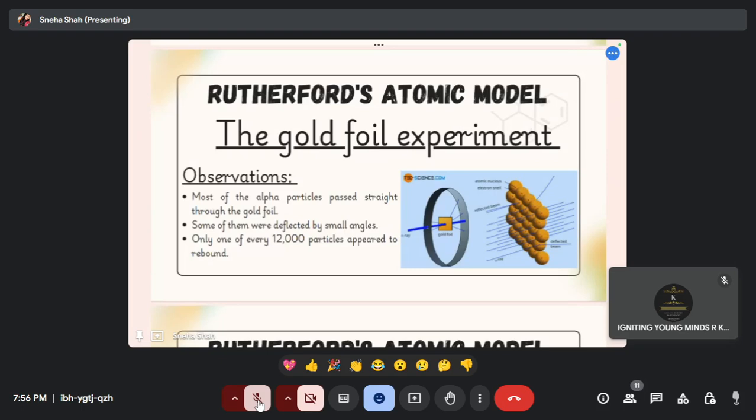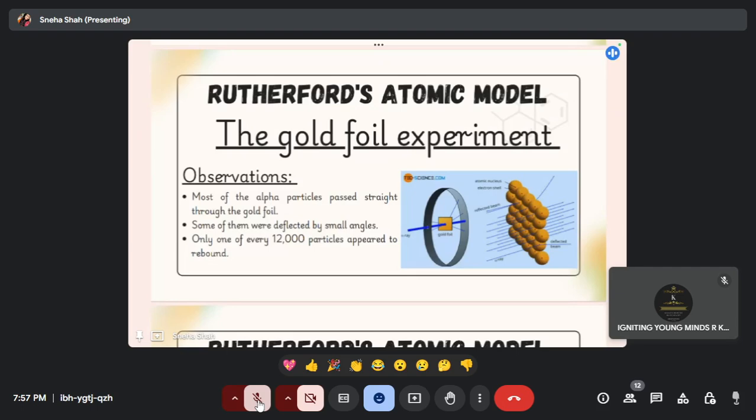All are flowing through the sheet. Also, it was observed that some alpha radiations were deflected, but by very small angles. That means they were passing through the atom, just that their direction was slightly changed. That's all. These were the three observations.